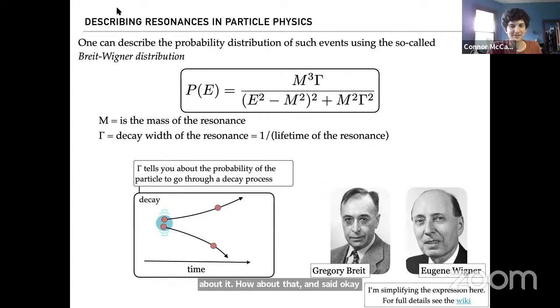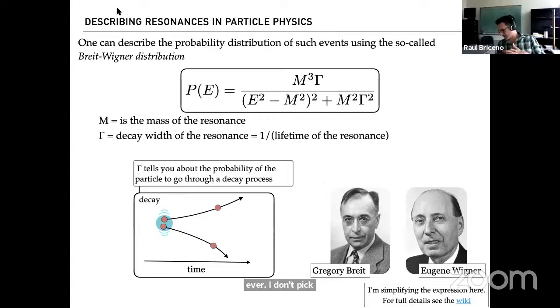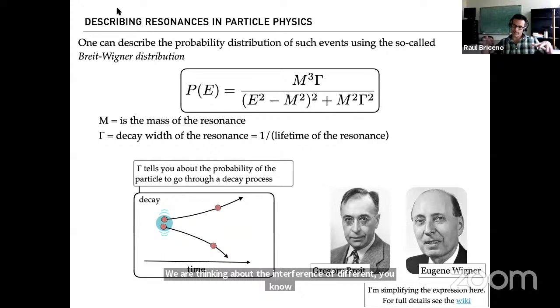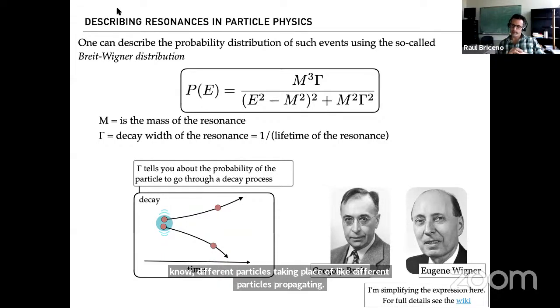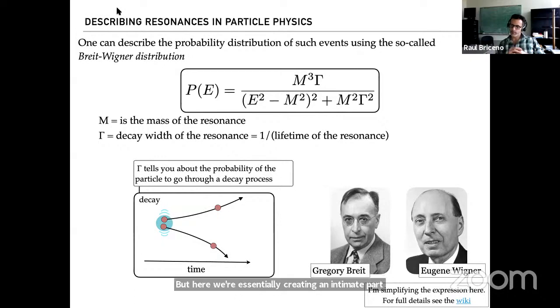The problem that I struggle with is that a lot of times when we think about the wave nature of particles, we are thinking about the interference of different particles propagating. But here we're essentially creating an intermediate particle, and it's hard.